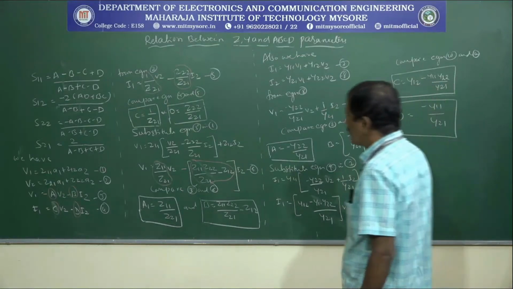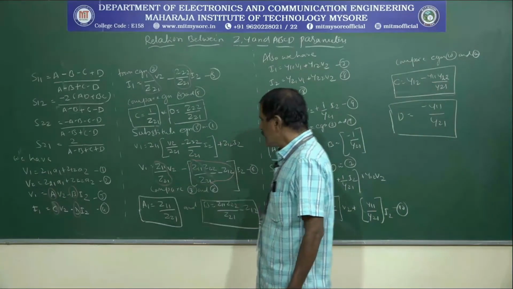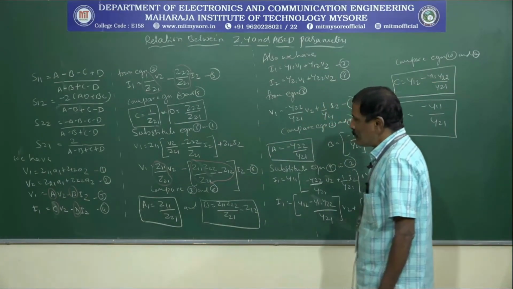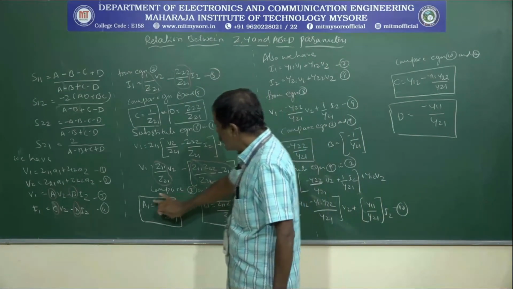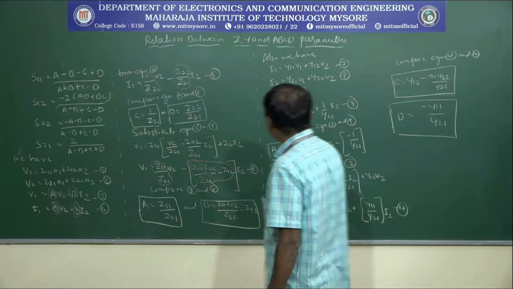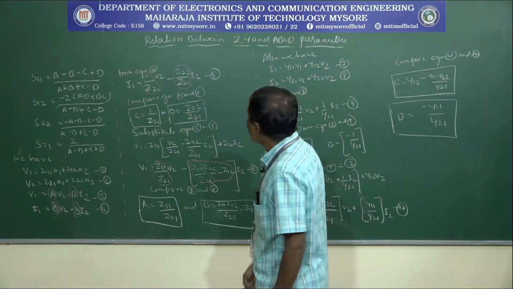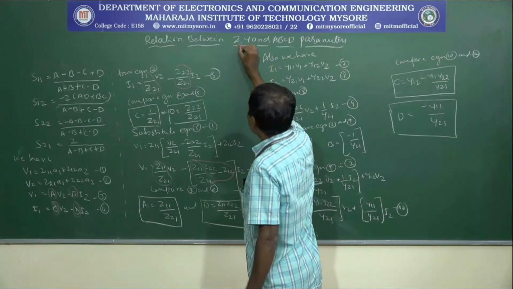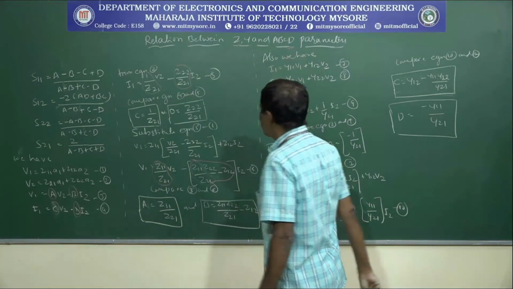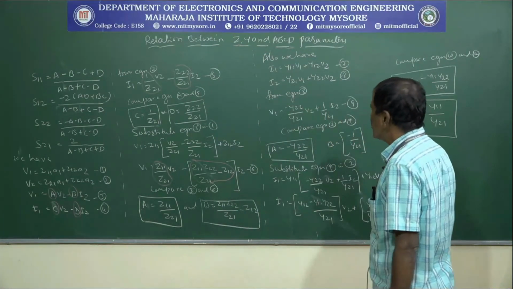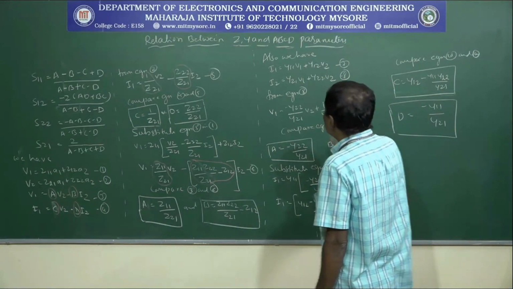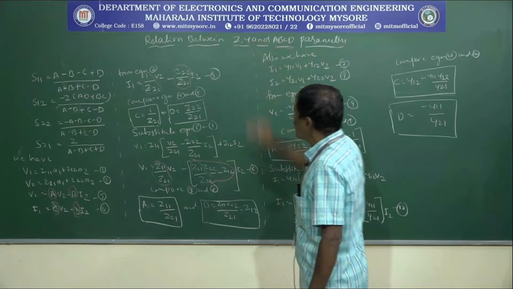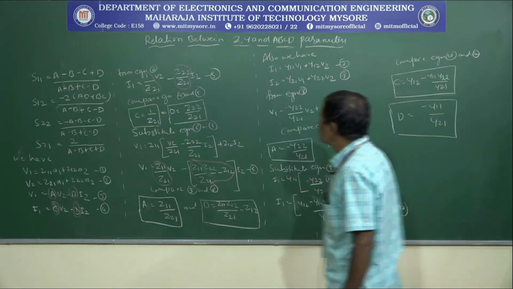Now what we have done is that all the ABCD parameters, we have represented in terms of Z parameters. Next, try to represent these ABCD parameters in terms of Y parameters.